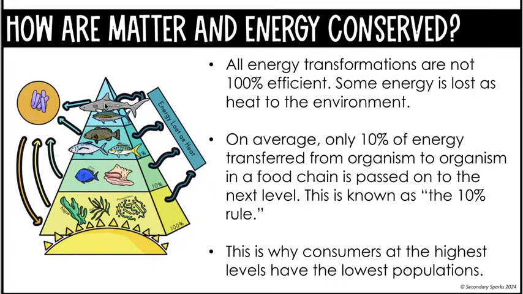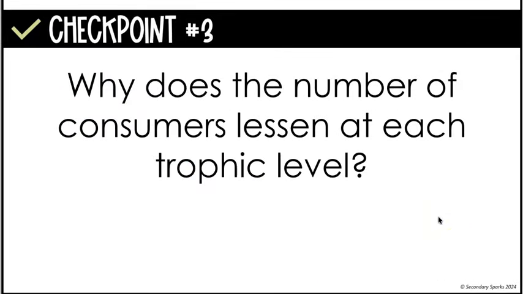Count up all the trees, count up all the flowers, count up all the grasses. There's a lot there. But when you get to the very, very top part of the food chain, there aren't nearly as many organisms. That's why they say it has the lowest populations.